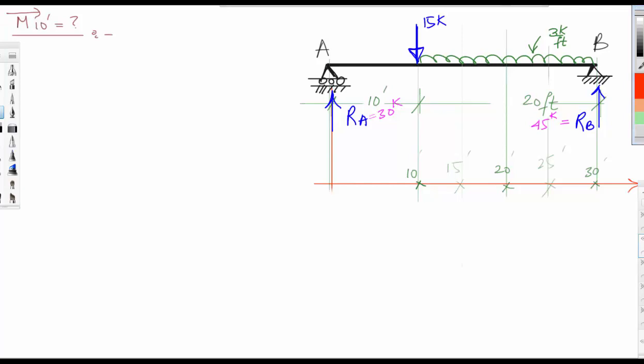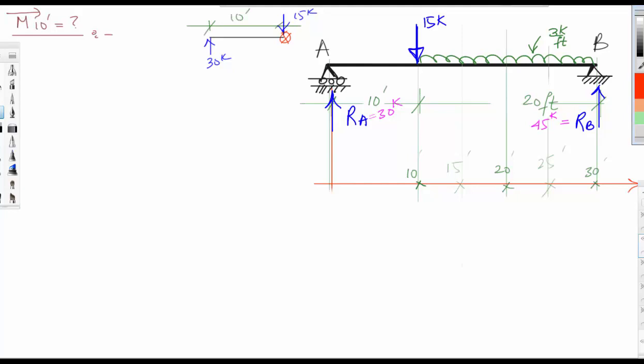So to sketch this part, I have this, and this is 10. If you will, we can sketch this one also if you want to, which is the 15 kip, and this is 30 kips, but this will have no effect, no rotational effect, because this is 10 feet.